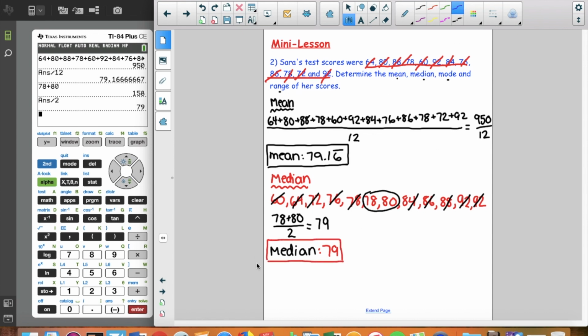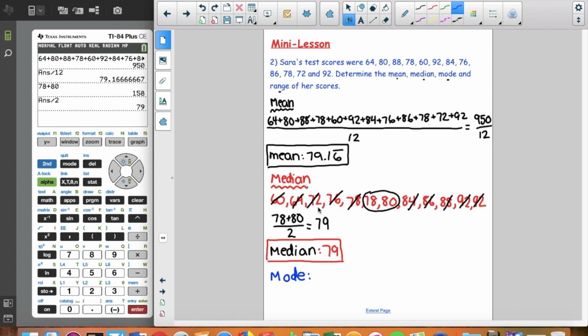Okay, now let's go on to our mode. So remember, mode is the number that shows up most often. So if we look, you can either look at the list that you made for the median or the originals.